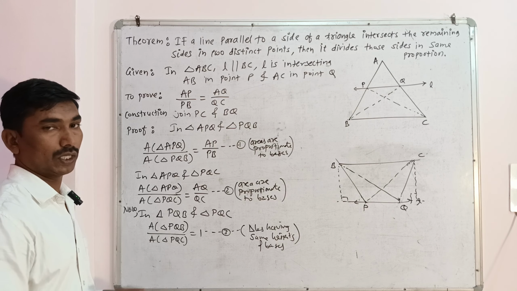So I can convert this like this: area of triangle PQB is equal to area of triangle PQC, if you just move this denominator to the other side.